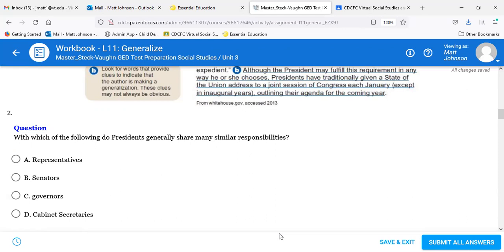B. So C, governors. And this takes a little prior knowledge and something we talked about with state governments, right? So they sort of mimic, they look a lot like our federal government. So you have your three branches of government, right? You have a court system at state level, you have a legislative branch, and you have an executive branch.